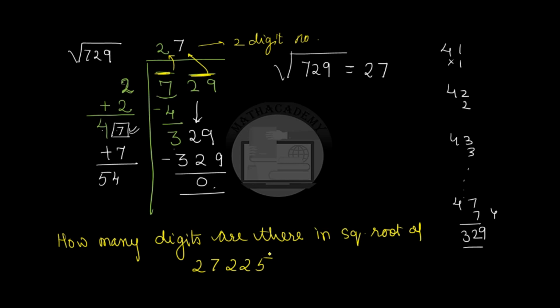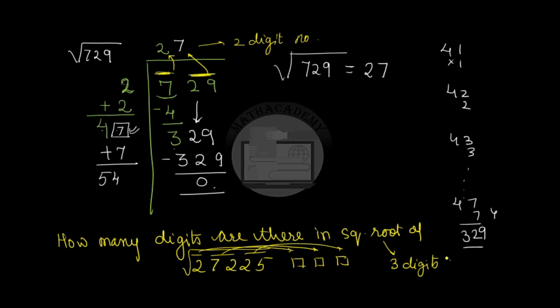Let us just start pairing. This is one pair, this is another, and this is the third. How many lines have we drawn for pairing? There are a total of 3 lines, and each of them will give us 1 digit in the square root, and hence our square root will have 3 digits. So how many digits are there in the square root of 27225? The answer is 3 digits.